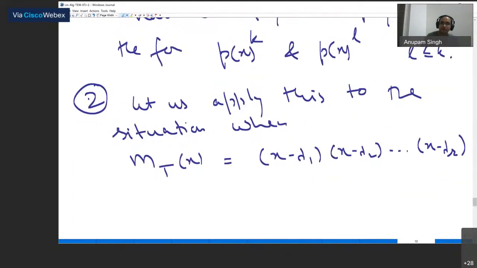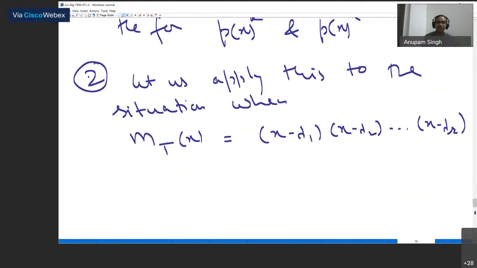The minimal polynomial is of this form. What happens if I have some transformation of which the minimal polynomial is of this form? That means it's a product of irreducible polynomials of degree 1, and each one of them appears with degree 1 only.